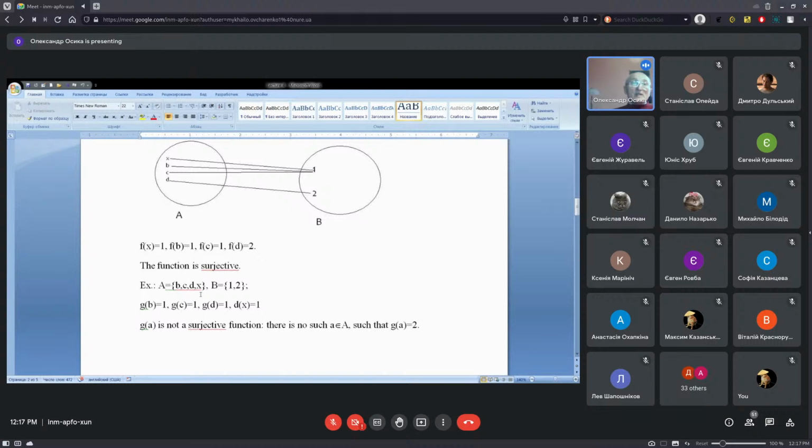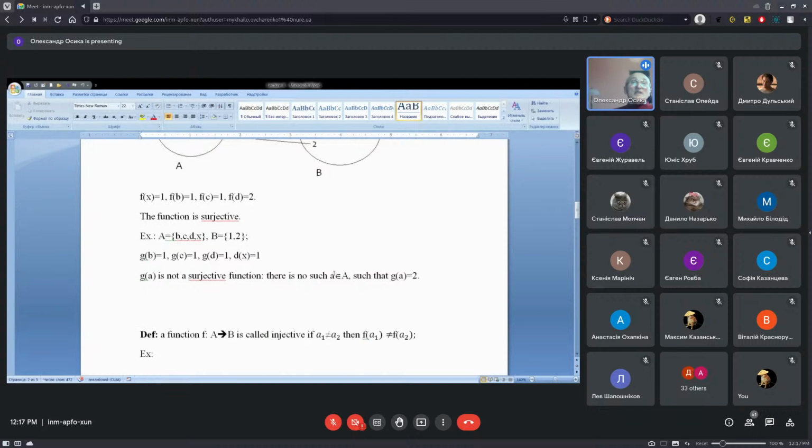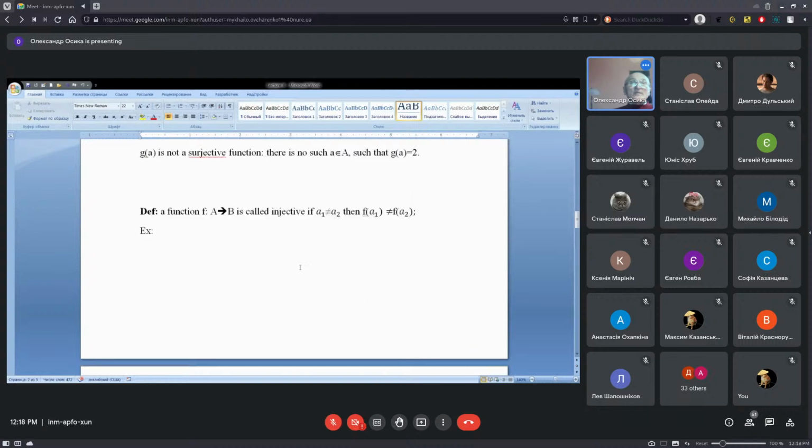For D, it is again 1. And G of X is again 1. So we use only one element here, but not this one. That's why G is not surjective. There is no such element a here, from here, such that G of a is equal to 2.